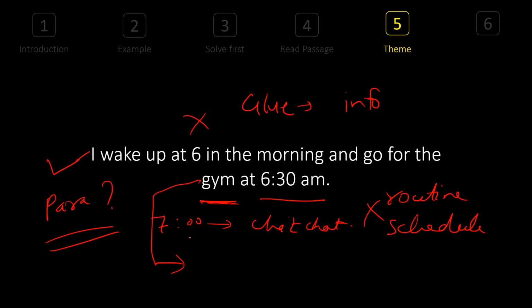Then I sent the next sentence to you, and then you think, okay, he wasn't talking about routine. He was talking about his gym. And next to that, again, gym. This is called the glue or connecting information. This provides you a more detailed description of the paragraph rather than just a single sentence. Yes, this is called theme of the paragraph, right?